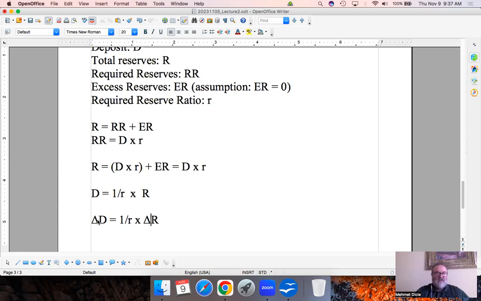So any change in deposits will be, well, I feel a little bit better if I do total reserves divided by the required reserve ratio.